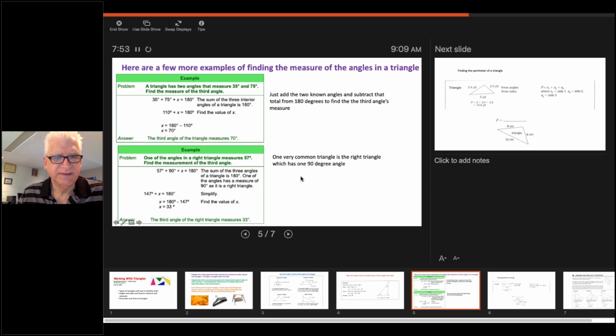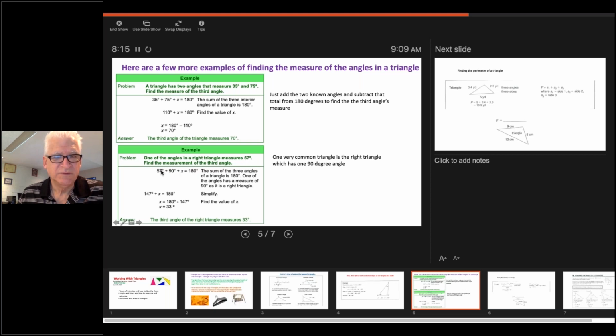Another one, a very common angle, and we'll get back to that: a triangle that has a 90 degree angle is a right triangle. So this problem is simply telling you a right triangle that also has an angle of 57 degrees. You do the same calculation.